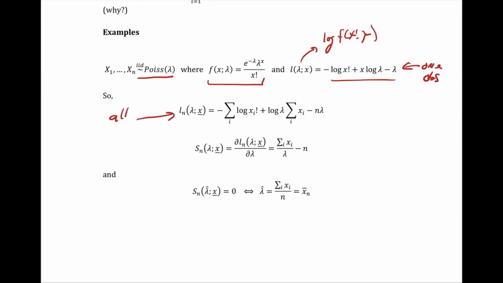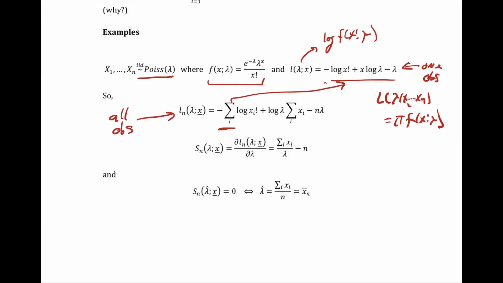This is for all the observations. Remember, just like the likelihood for lambda given all the data is going to be the product of the f's of x, lambda, on the log scale it turns out to be the sum. So all I did was pass the summation through here, and I get this.